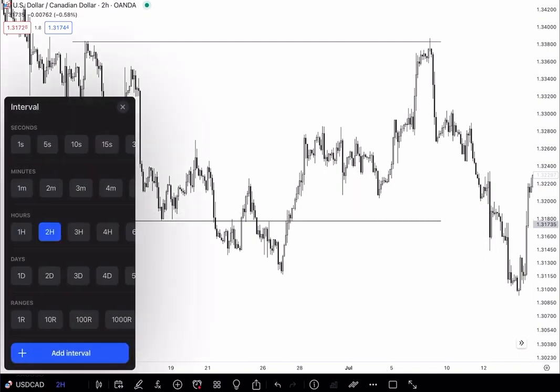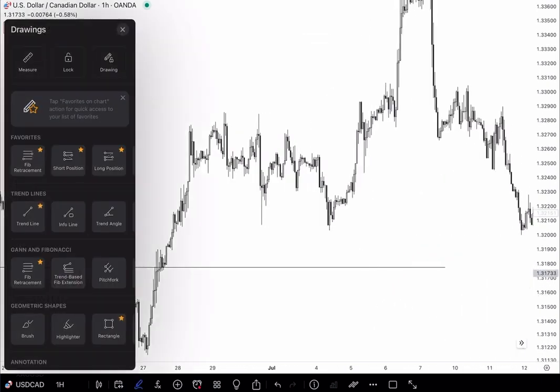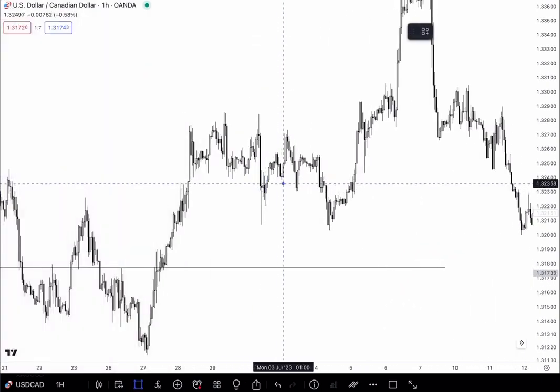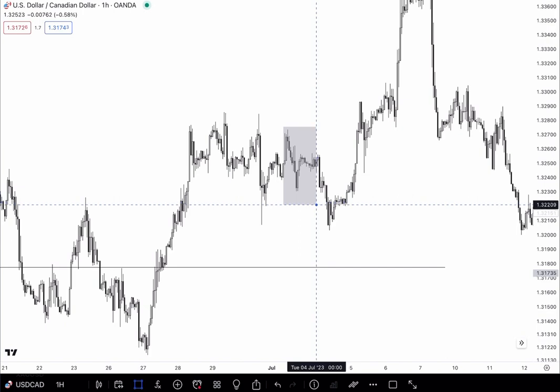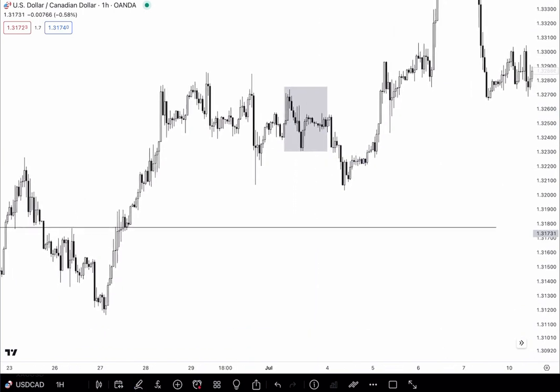By the way, same thing here, right? Monday plays out. Where's Monday? I haven't even seen this, and I know how it's going to play out. Monday range, right? Yeah, Monday range right there. Monday range.